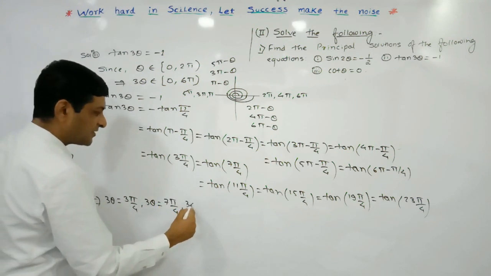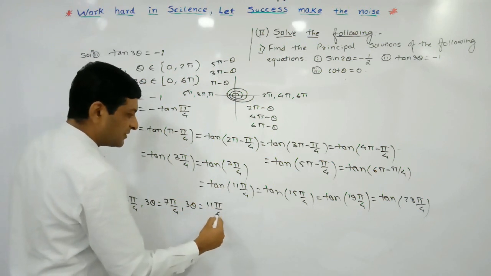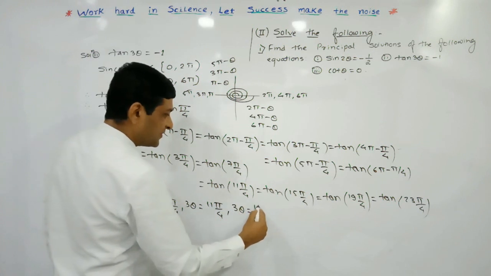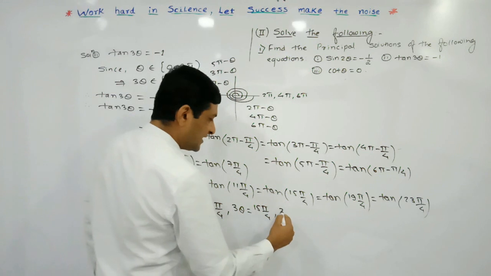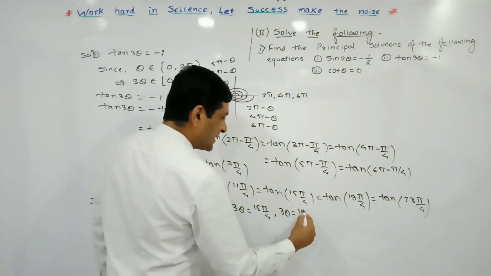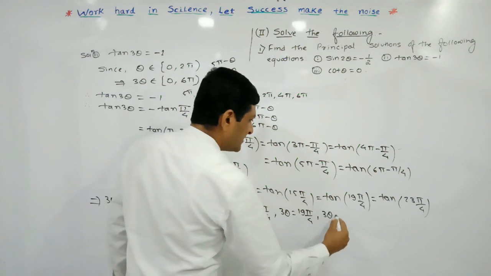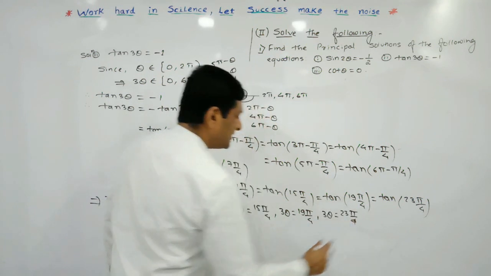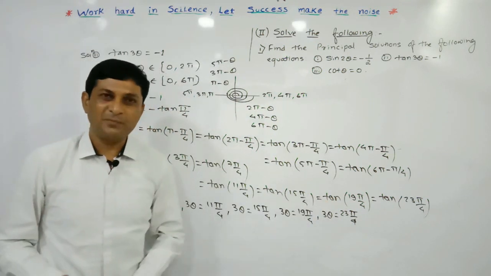The third value is 3 theta equals 11 pi by 4. The next value of 3 theta is 15 pi by 4, then 19 pi by 4, and the next value will be 23 pi by 4. In this way we have got 6 values of 3 theta.